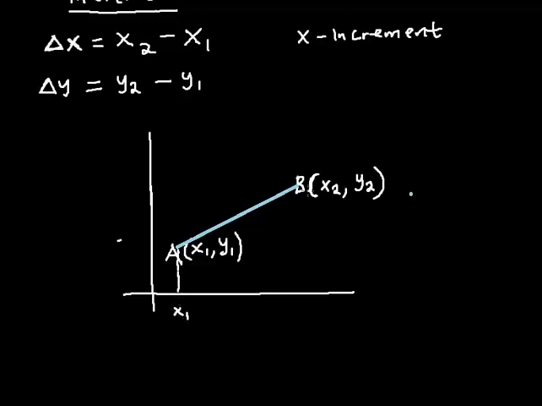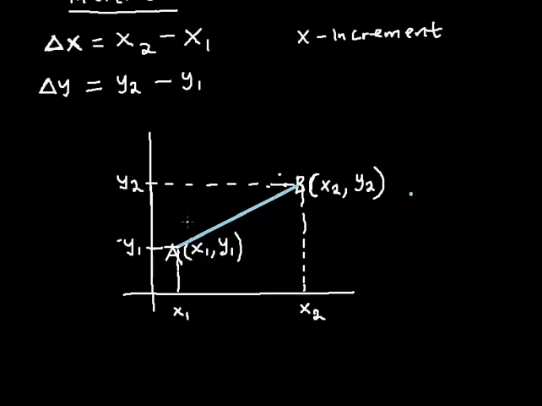Then for point B, if I trace the x coordinate, at this point we have x2. The y coordinate for point A is y1, and if I also trace this y coordinate for point B, it is y2.